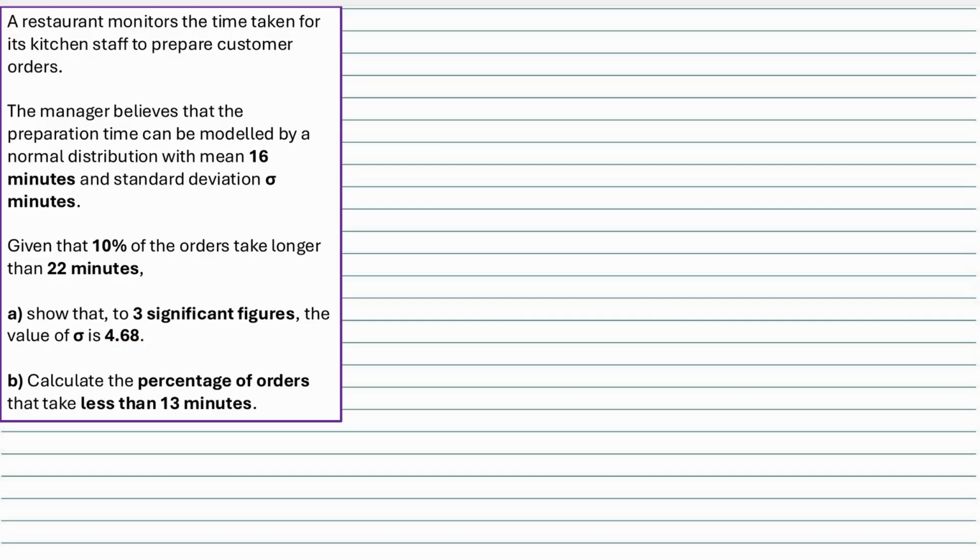So the first thing we need to do is define our model. We'll say that the random variable x is distributed normally with a mean of 16 and an unknown standard deviation.